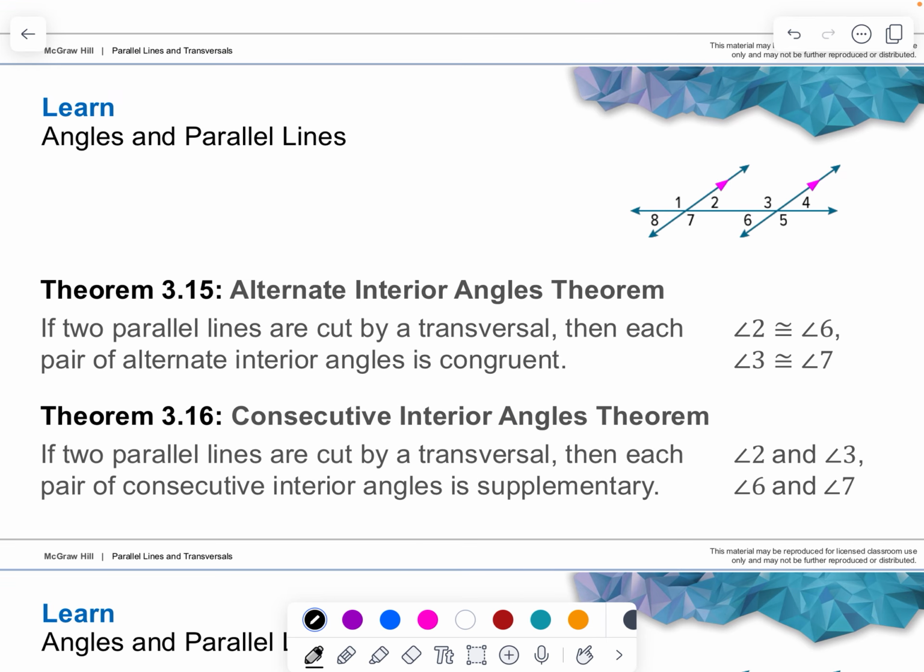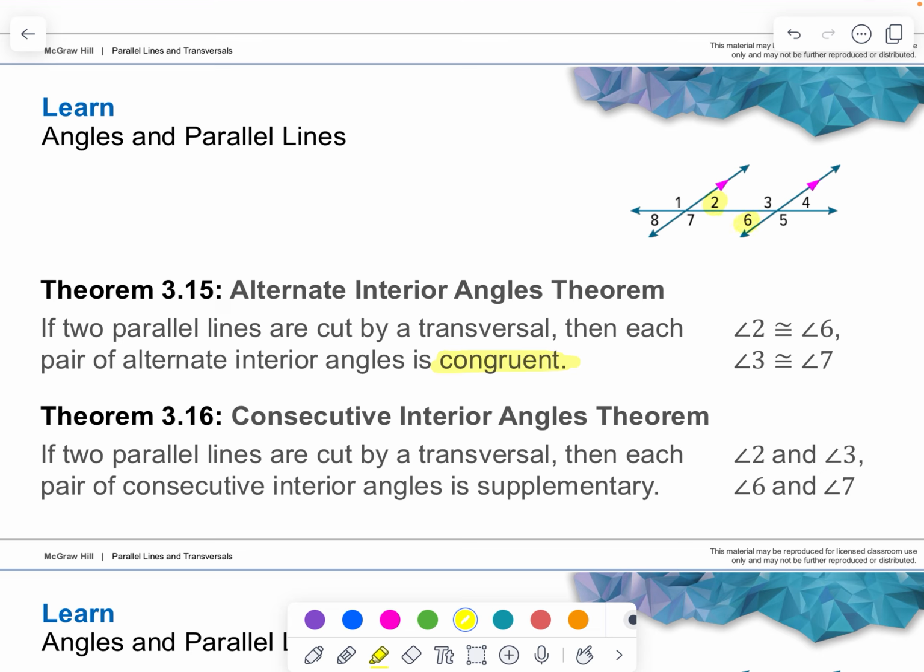Next, the alternate interior angles theorem. If those lines are parallel, all alternate interior angles are congruent also. That's pretty exciting. That means that angle 2 and angle 6 are going to be congruent.